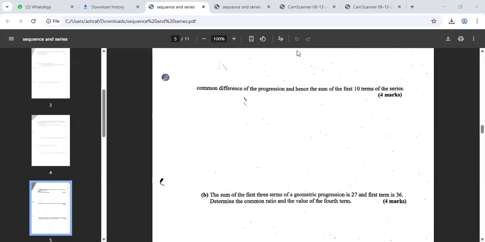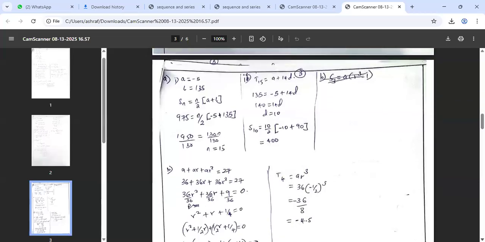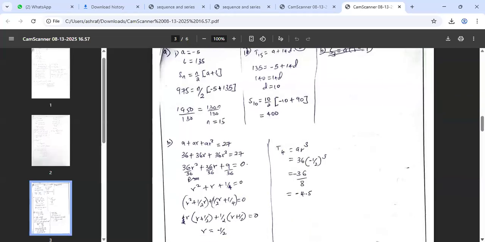Those who didn't get -1/2, let me show you how we get it. So these are the first three terms, A plus AR plus AR squared. Then you equate to 27. Then if you substitute A with 36, you'll have 36 plus 36R plus 36R squared is equals to 27.